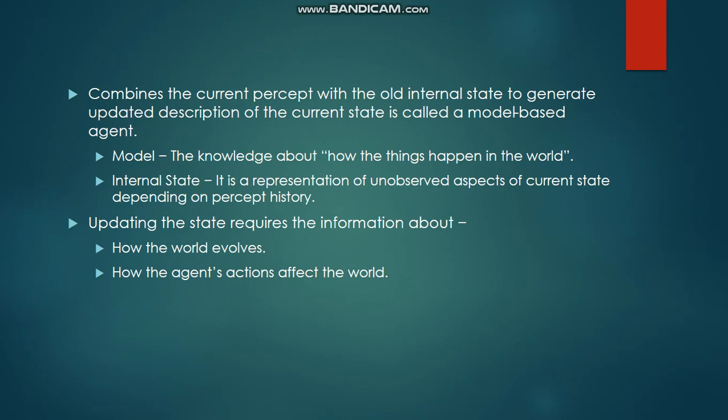Once this happens, it will also re-update. To re-update, it needs how the world changes and how the agent has reacted. Both have to be updated in its knowledge base.